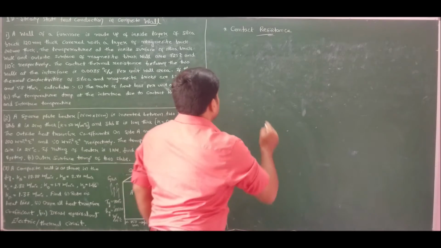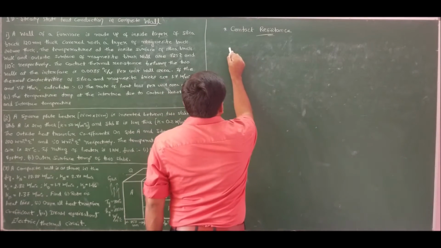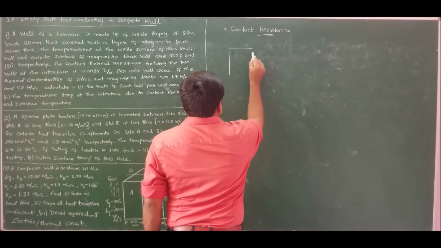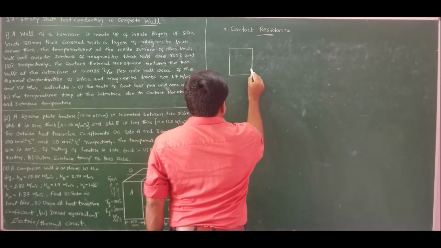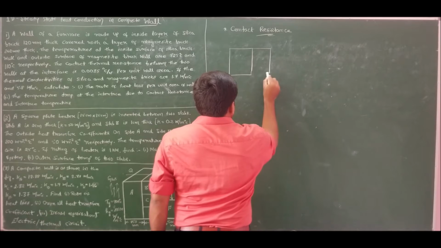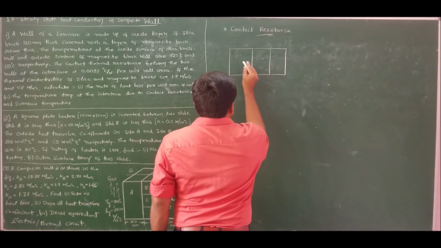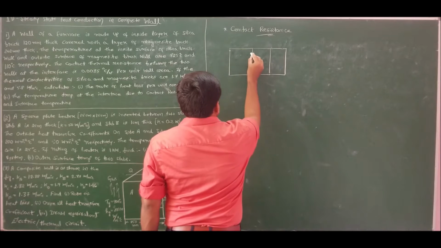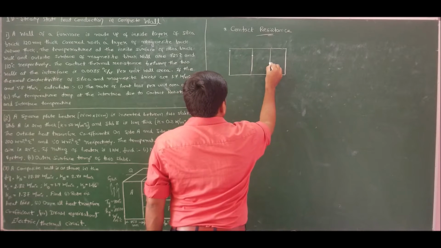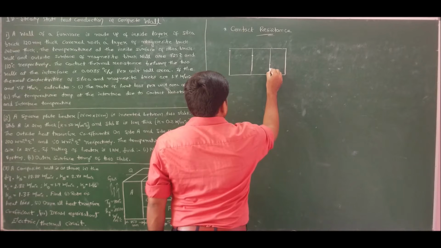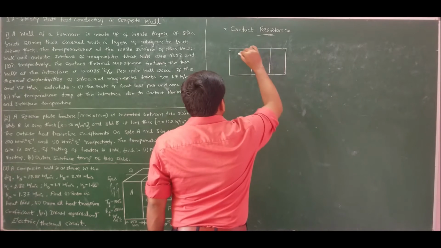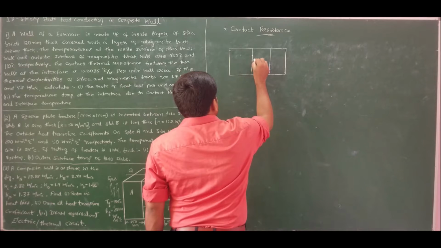Let us consider a three-layered wall like this. The temperature distribution, if I plot it, will be like this. This is what actually happens in practice.